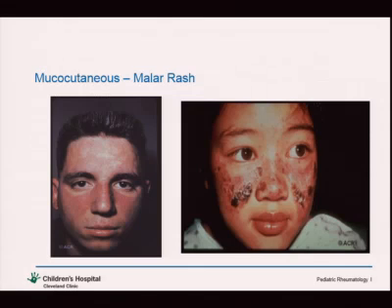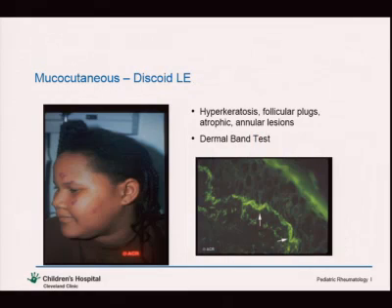Here are some dramatic rashes of lupus in the malar distribution. You can see the rash, especially in that girl, sparing the nasolabial fold. That's characteristic of lupus, and it's also going over the nasal bridge. Discoid lupus, we don't see that commonly in children, but you can see these round lesions that have a raised appearance on their border.